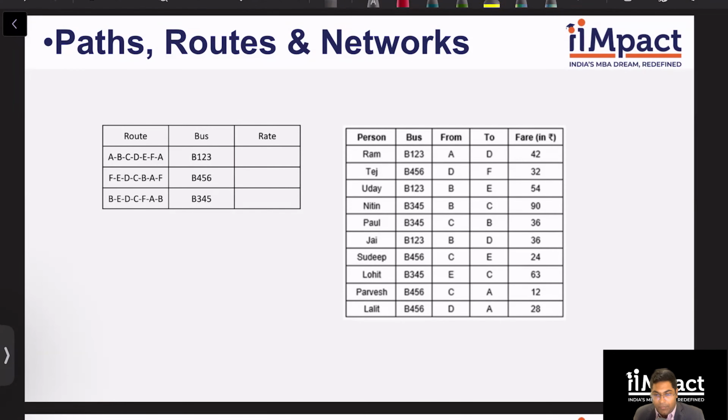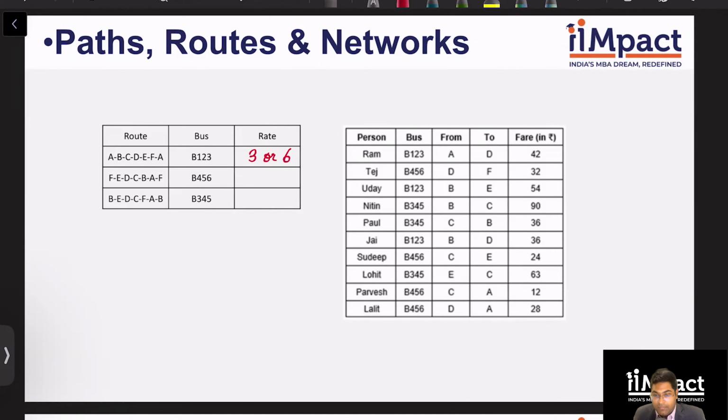So I will find the per kilometer fare by using LCM. If I look at bus route 123, the fares are 42, 54, 36. And I know the rate is greater than 2. So it can be 3 or 6.